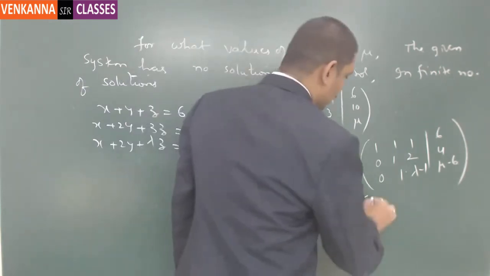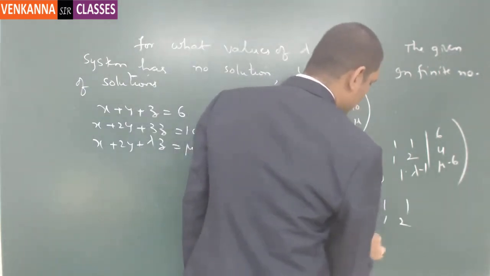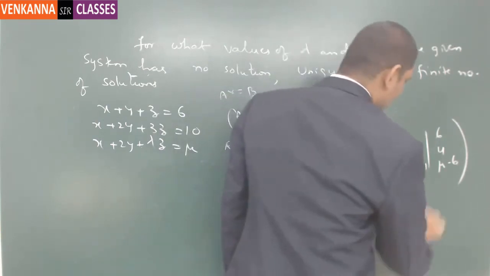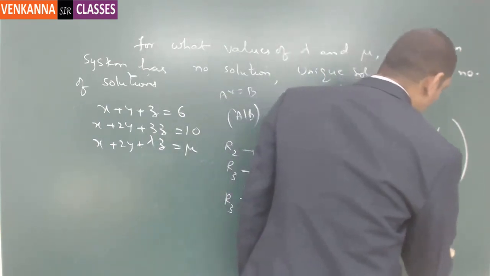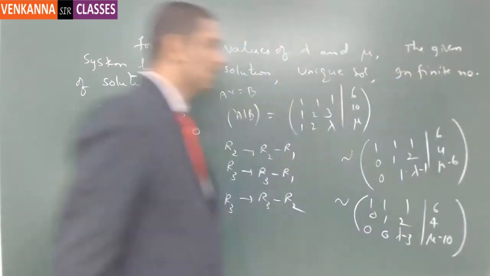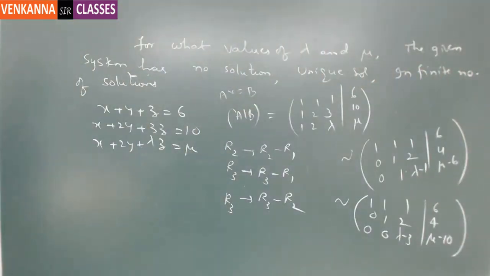So this will be equal to [1, 1, 1 | 6; 0, 1, 2 | 4; 0, 0, lambda minus 3 | mu minus 10]. Please check for it. Do you accept the values?